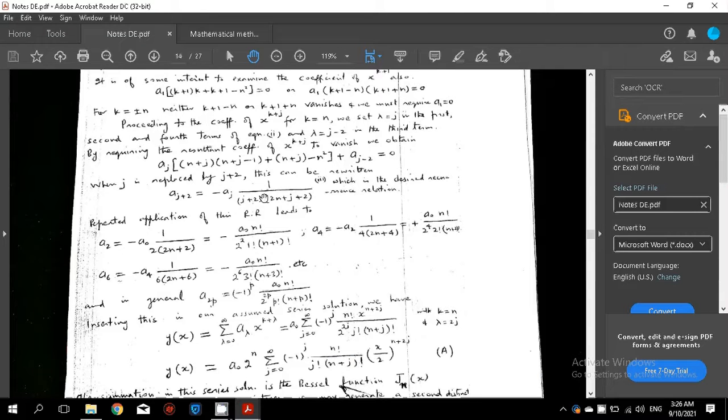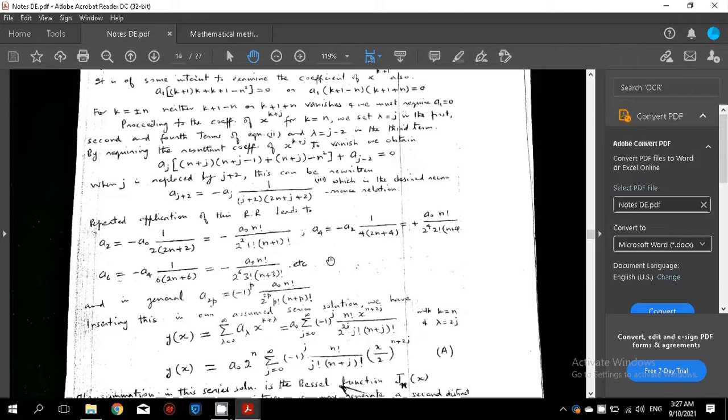Now, what do we mean by linearly dependent and linearly independent solutions? Supposing y1 is the solution of the differential equation, and the second solution is y2.